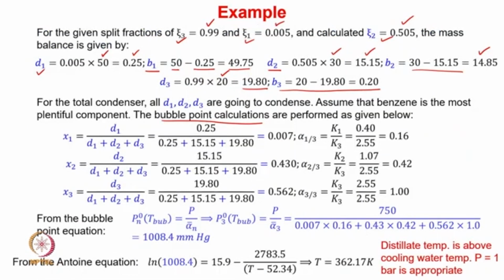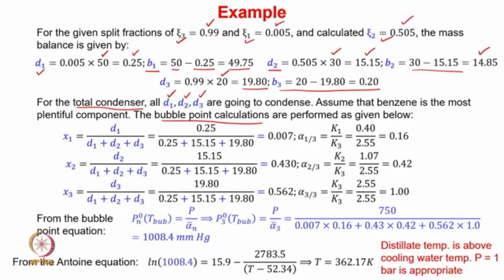Okay, so now in this case, once we have obtained D1, D2, D3, here D1 is the molar flow rate of the component 1, D2 is the molar flow rate of the component 2, and D3 is the molar flow rate of the component 3 in the top product. And this entire thing has to be condensed. If you are taking the total condenser, all this D1, D2, D3 has to be condensed, because that's a total condenser.